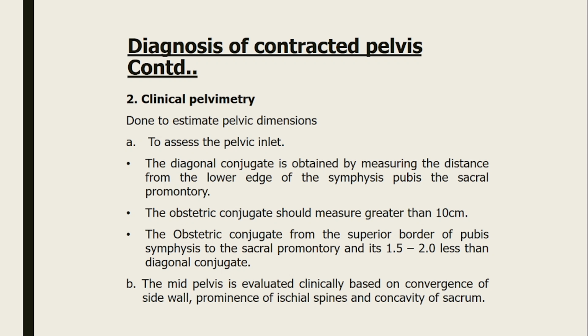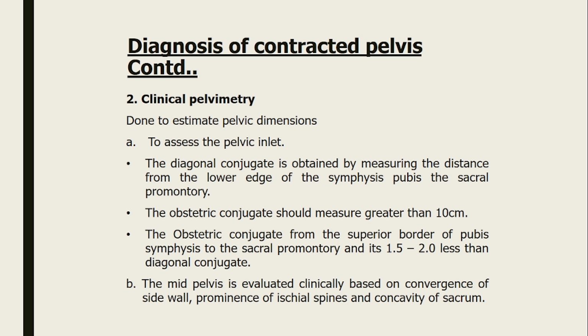So the distance from the inferior border of the pelvic symphysis to the sacral promontory will give you the diagonal conjugate. And most of the time, it's between 11.5 and 12 centimeters. And the obstetric conjugate is from the superior border of the pelvic symphysis to the sacral promontory.